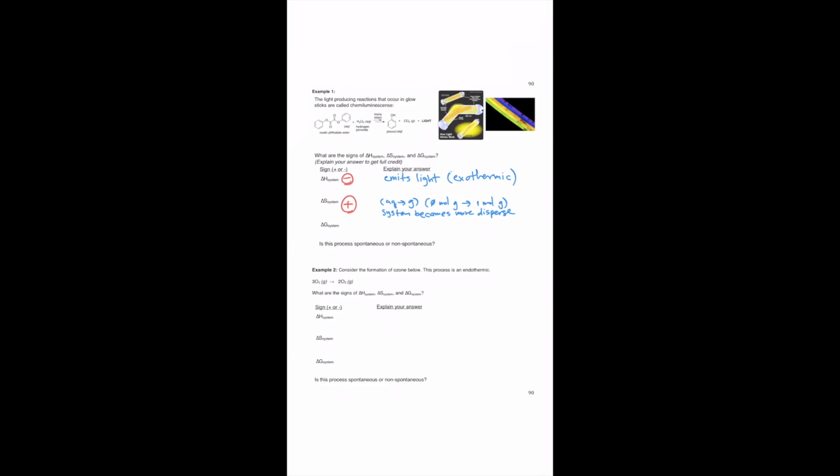And for the delta G, we know that the change of Gibbs free energy is equal to the change of enthalpy minus T times the change of entropy. If you put in the negative sign of the change of enthalpy and the positive sign of the change of entropy, you will get that the overall change of Gibbs free energy will be negative, because you have a negative added to a negative value, so the overall would be negative. And a negative delta G indicates that this process is spontaneous in the forward direction.